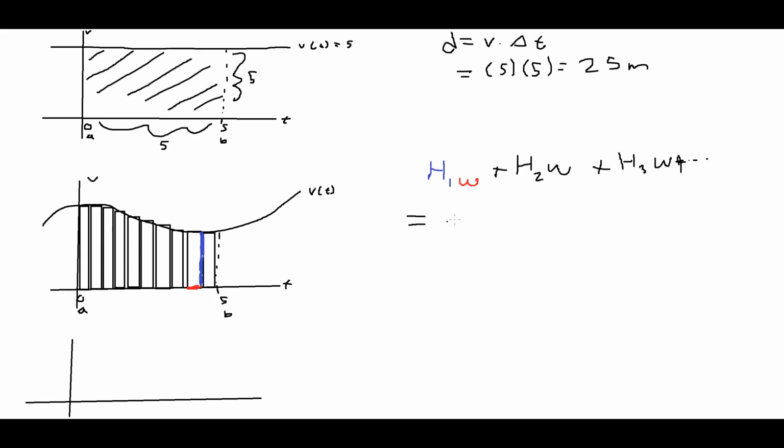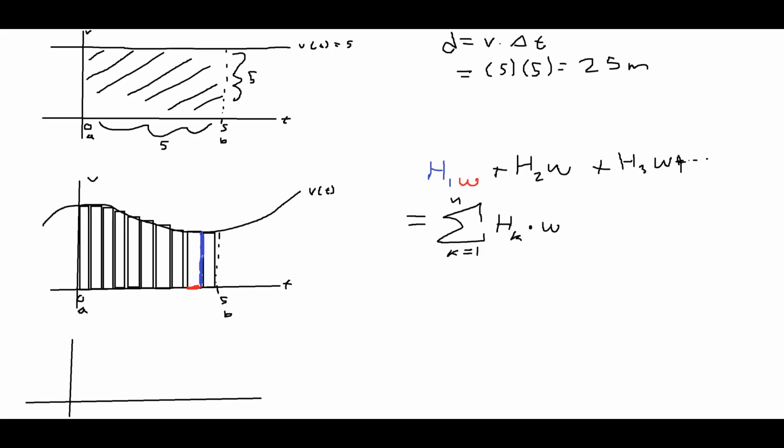You can rewrite this using summation notation as the sum from k equals 1 to the nth rectangle of hk times width. Each height depends on which rectangle you're in, times the same width, and you sum them all up, and that should give you an approximate area of this section from A to B.